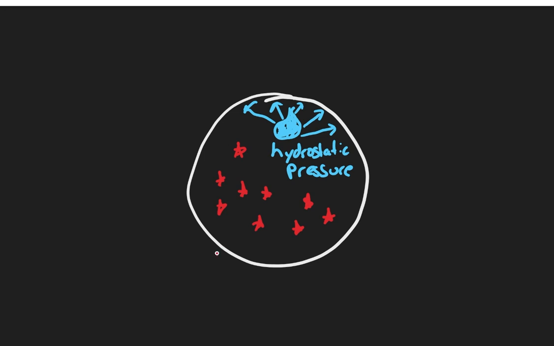So it's going to want to pull water from outside sources into this closed system because it wants to be diluted. So it wants to drive the osmolarity down, and that force is what we refer to as osmotic pressure. And it wants to pull water in.